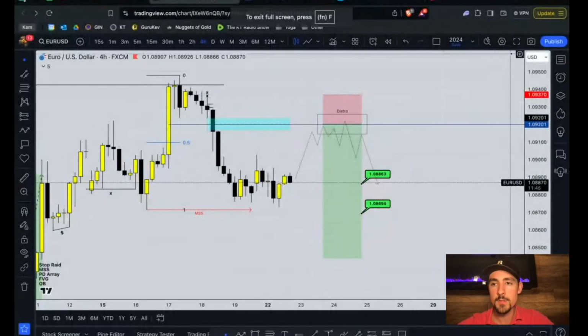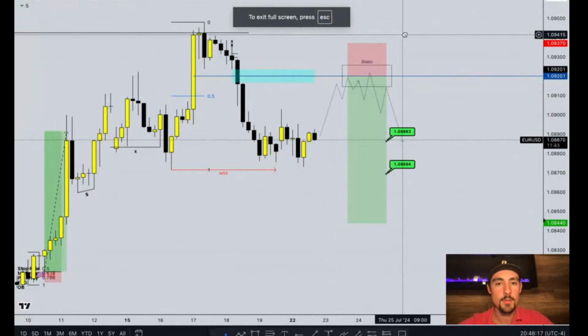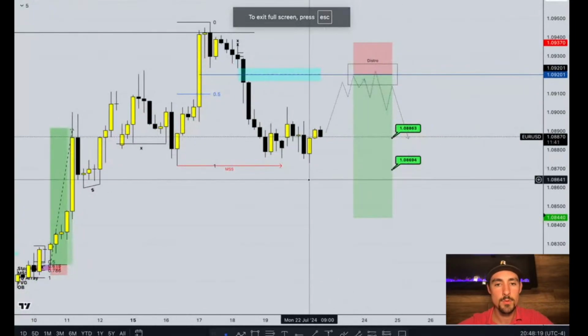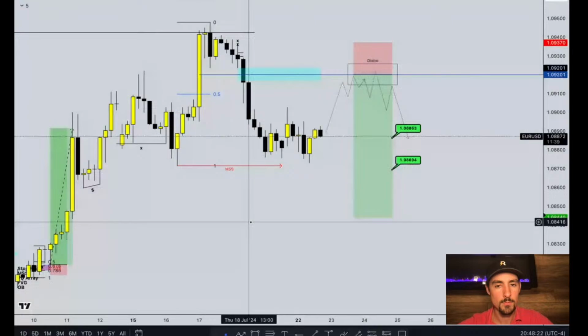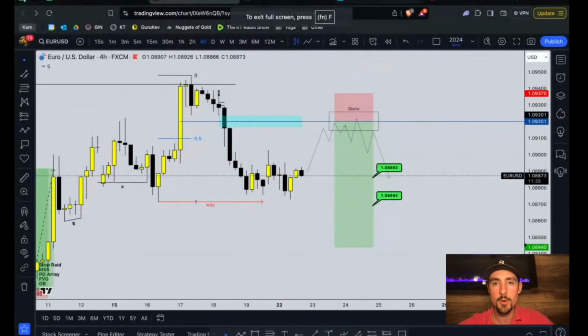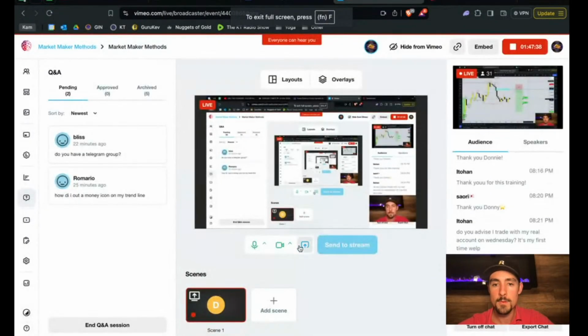Let me do this quickly. Try image copy to clipboard. Okay. Do I have a Telegram group? No, I do not. Everything is on Solex for me personally.